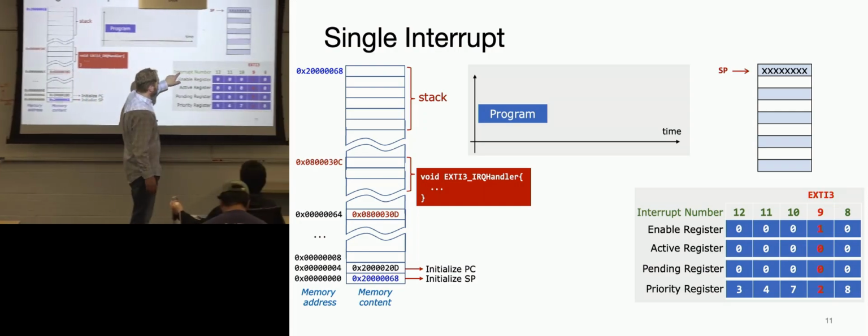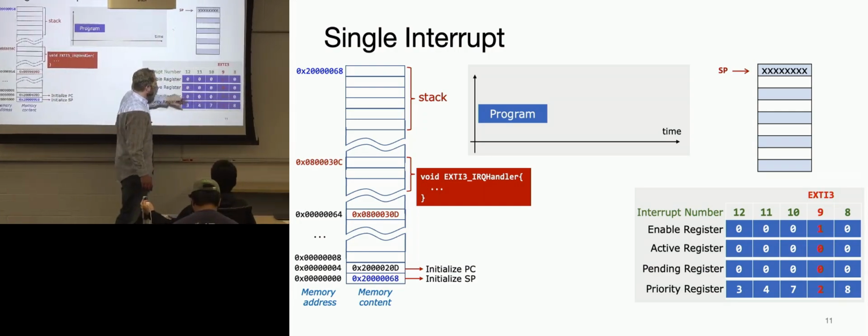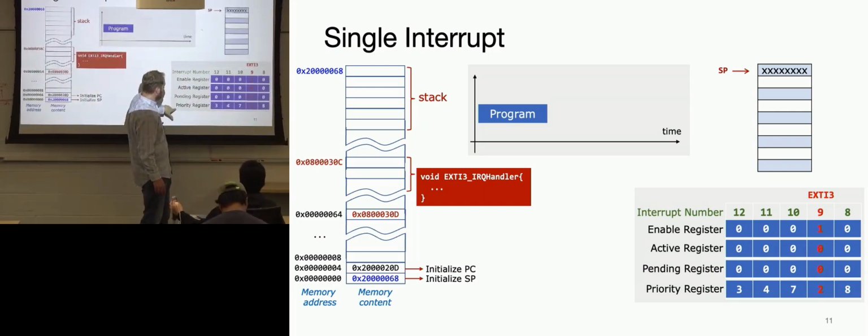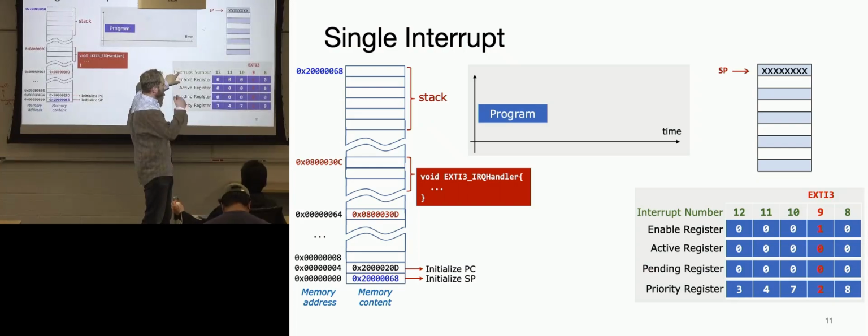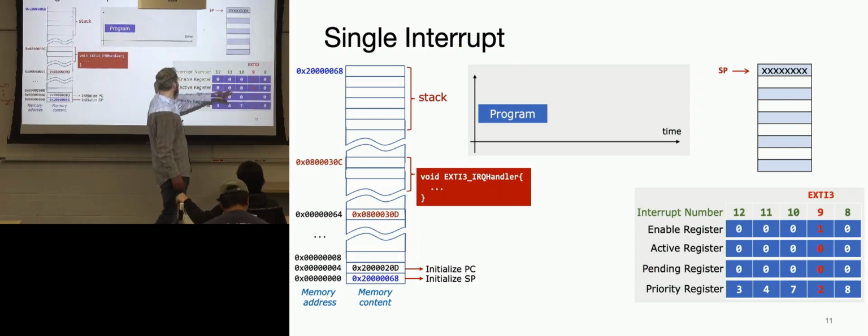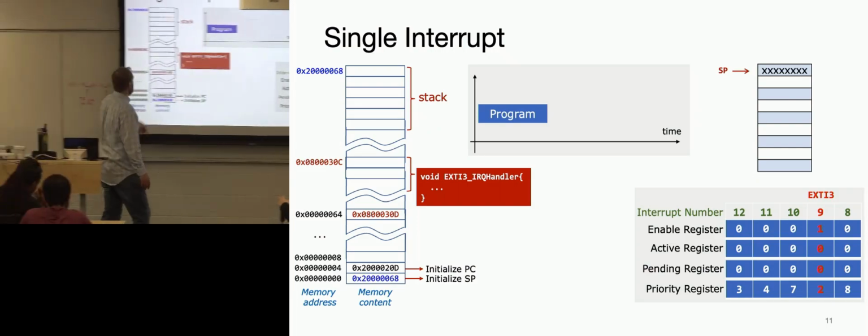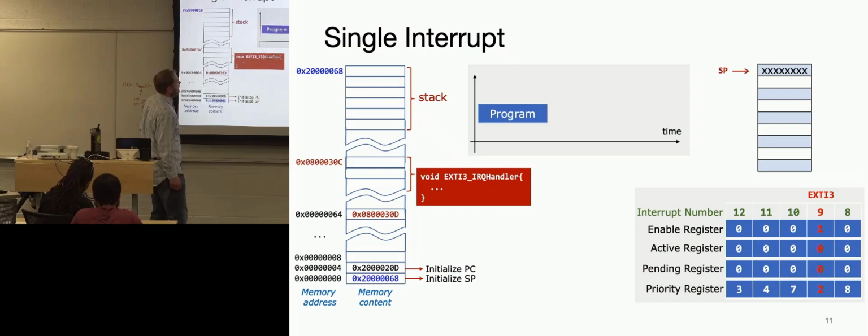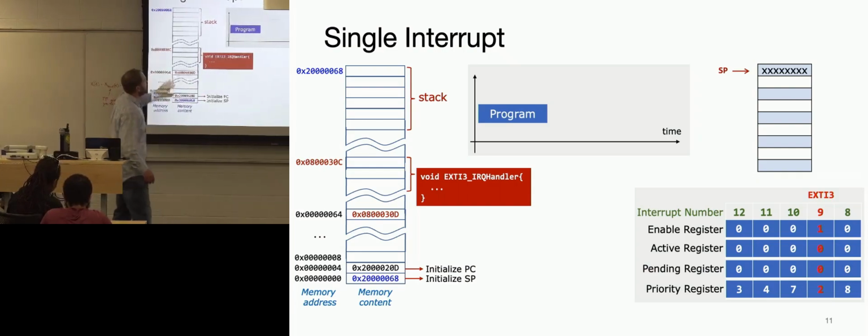We have the interrupt numbers, in kind of an interrupt table, and their locations. You have which ones are enabled, which are active, which are pending, and their priority. Here we only have one thing enabled. Then we have our program, our stack over there, and here's memory.